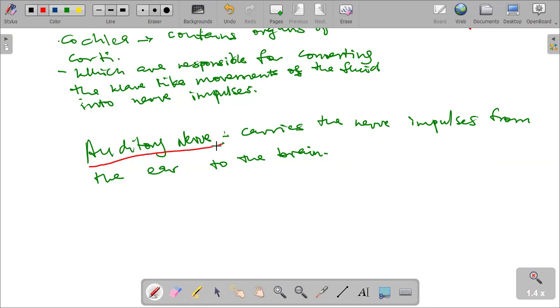So the auditory nerve is the link that provides the communication that must be there so that the ear can perform its function. The organ of Corti has converted those wave-like movements into impulses so they can be taken to the brain for interpretation. That is very straightforward. If the auditory nerve is not working, there is no hearing that can take place.